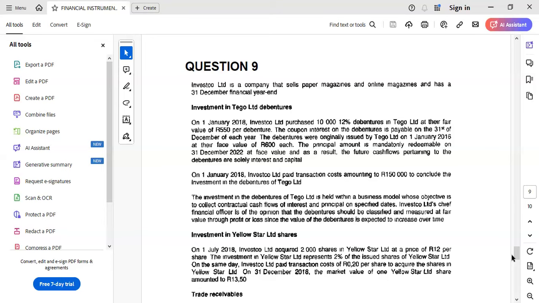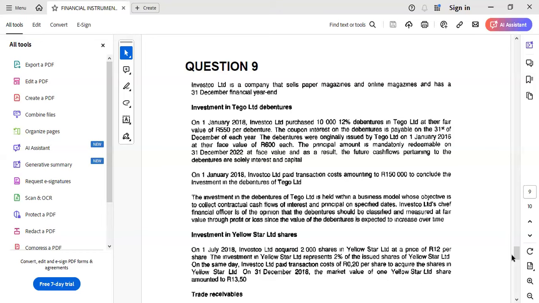The principal amount is mandatorily redeemable on 31 December 2022 at face value, and as a result, the future cash flows pertaining to the debentures are solely interest and capital. On 1 January 2018, Investco Ltd paid transaction costs amounting to 150,000 to conclude the investment in the debenture of Tego Limited.